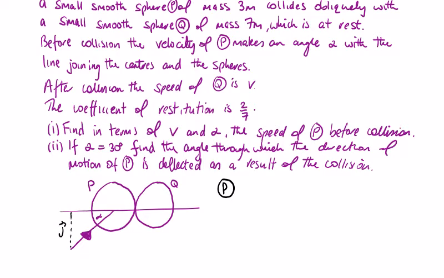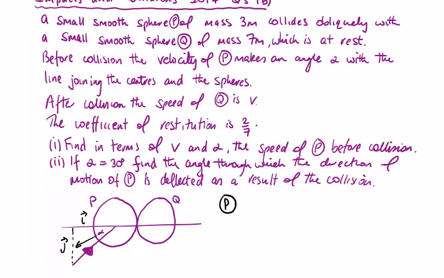My J direction and my I direction, and you can see alpha is opposite J, so that's the sine part, and for I it's adjacent. We're not given the speed, so we'll call it u.